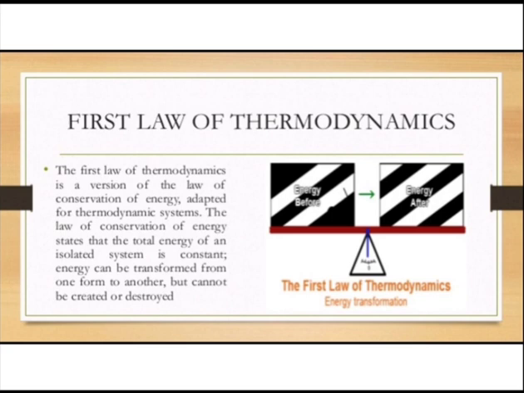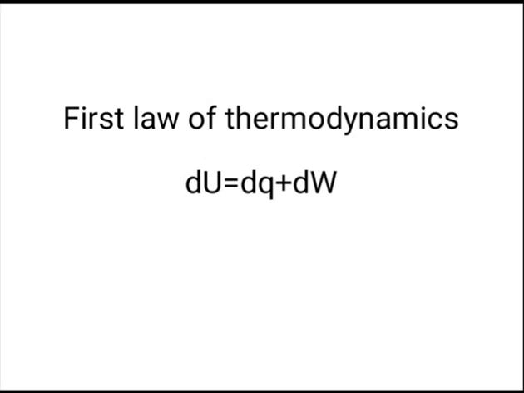It is useful for thermodynamic systems. The law of conservation of energy states that the total energy of an isolated system is constant. Energy can be transferred from one form to another, but cannot be created or destroyed. So this is our first law of thermodynamics.